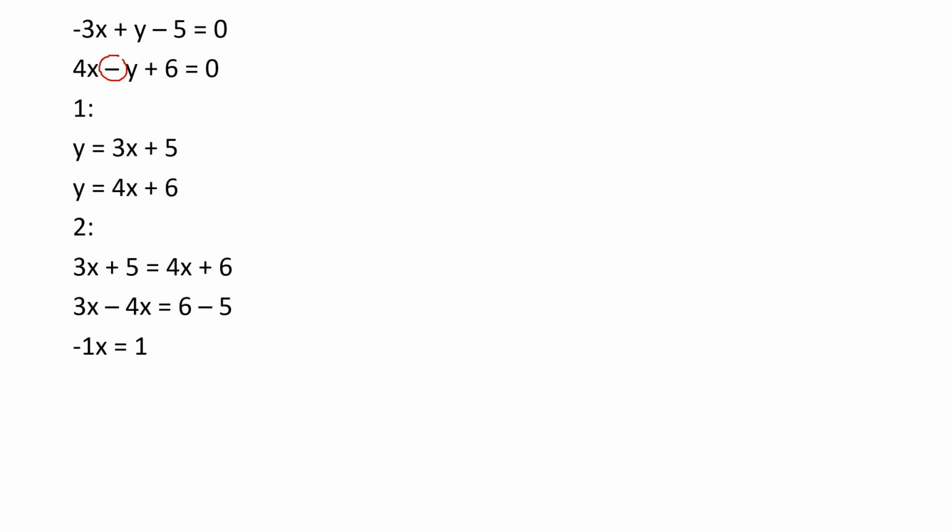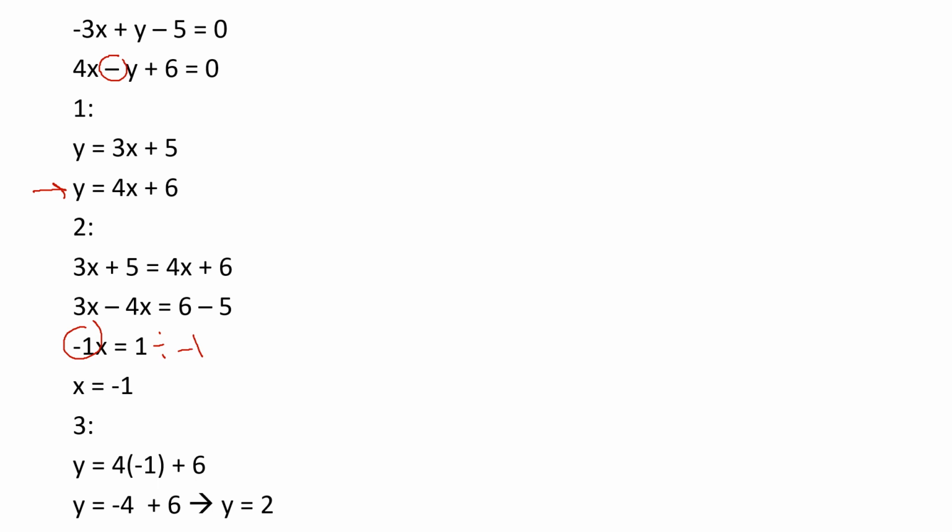And I should have ended up with x equals -1. When I moved the 4x over, it became negative. When I moved the 5 over, it became negative. And then right here, I have to divide by -1. 1 divided by -1 is -1. Next, plug that value in. I solved this one using the bottom one, so you'll end up with 4 times -1 plus 6, which is -4 plus 6, which is y equals 2.